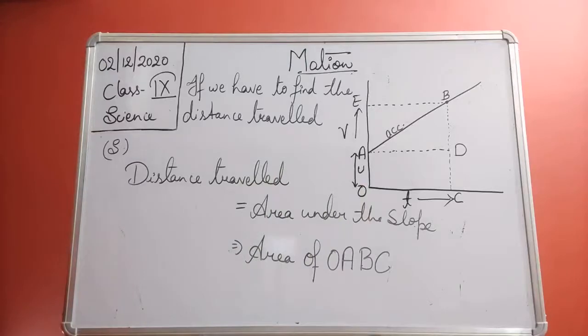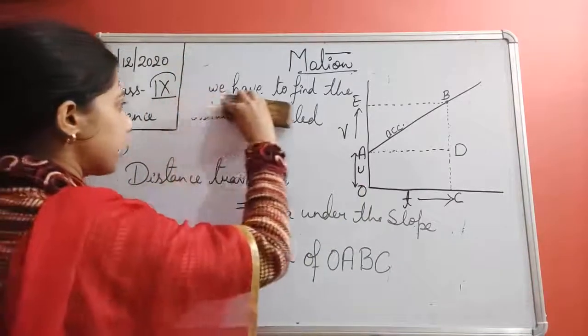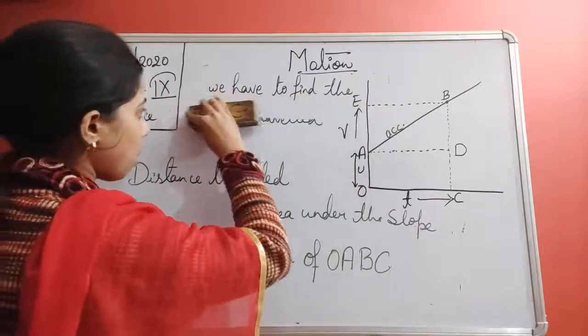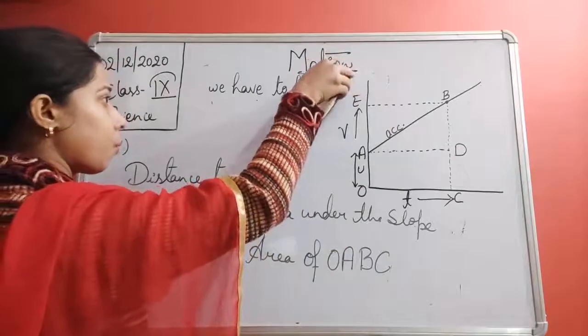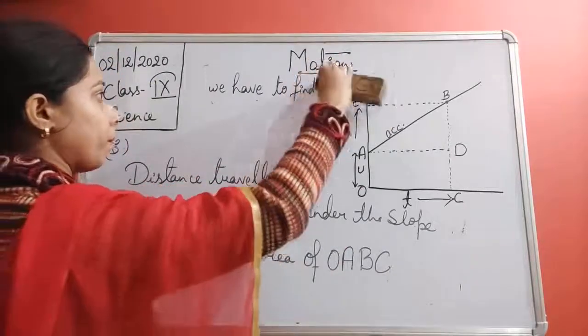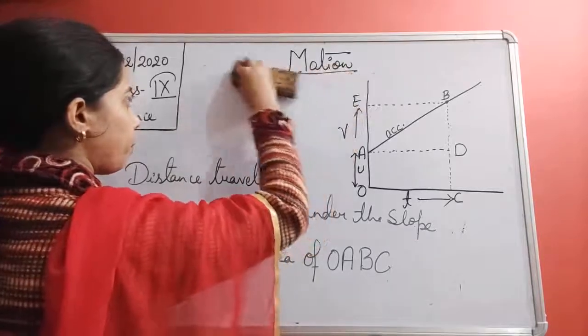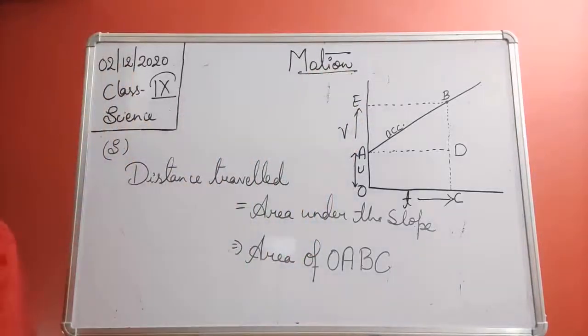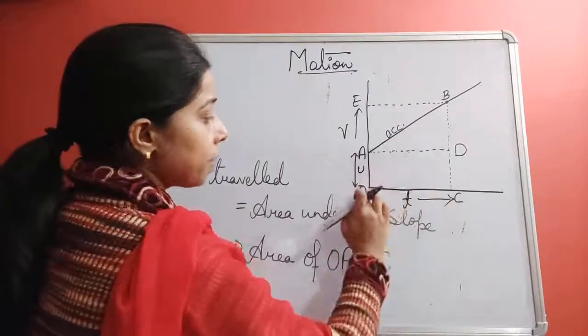Now, students, if we talk about the area of this slope, you have seen that two figures are there.